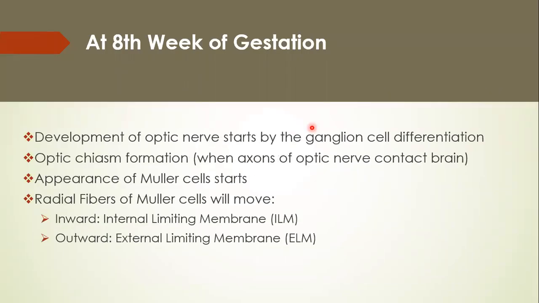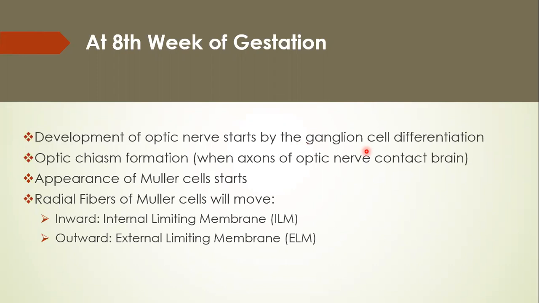Now, other structures are in development, right? The rest of the structures are remaining. The most important structure is how you are going to connect the eye to the brain. So there will be the development of the optic nerve, which will be due to the differentiation, or multiplication, of the ganglion cells.